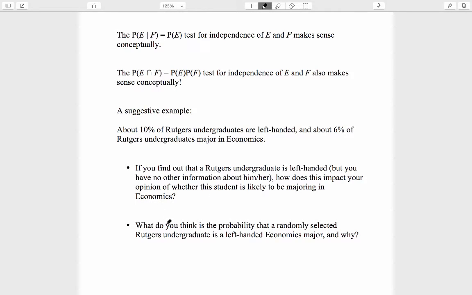Now a follow-up question. What do you think is the probability that a randomly selected Rutgers undergraduate is a left-handed economics major, and why? We are asking for the probability of the event left-handed intersect econ major, the probability that someone is both left-handed and an economics major.